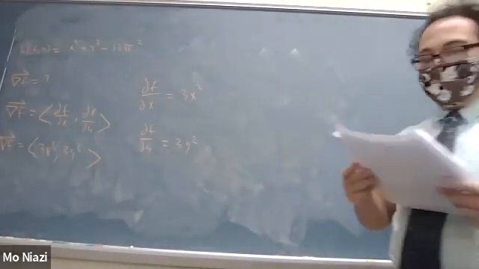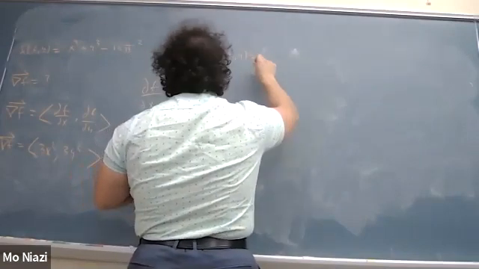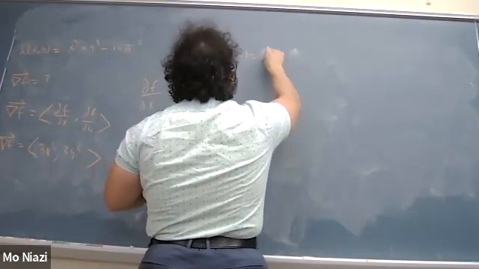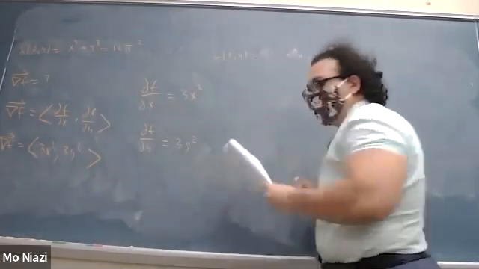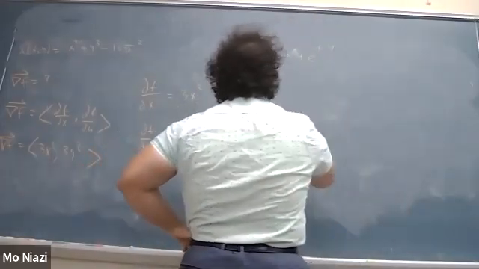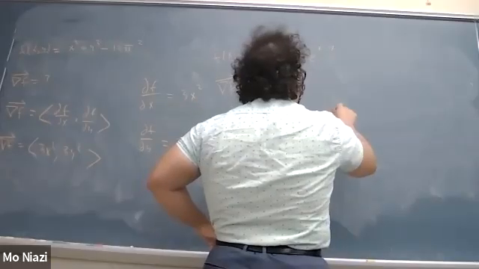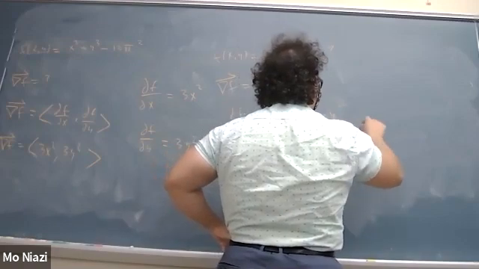Let's do another example. What if f of x, y is equal to x plus e to the x y? What is the gradient? Calculate some partial derivatives. Derivative of e to the x is e to the x. Partial x of xy.